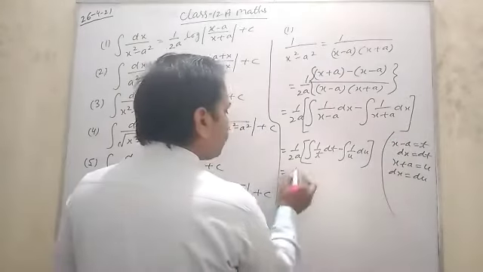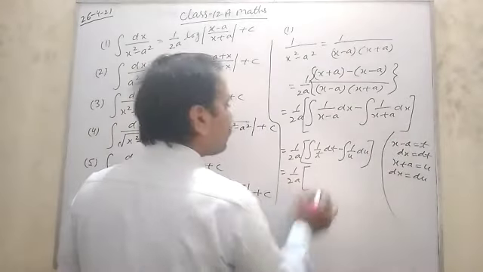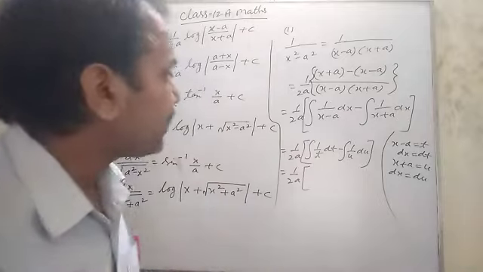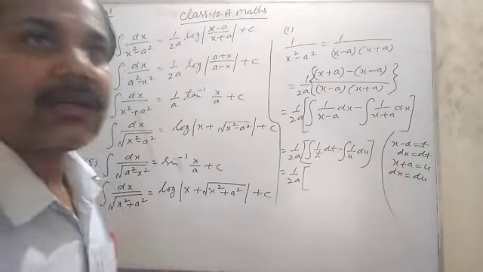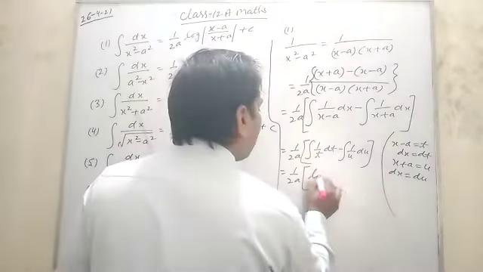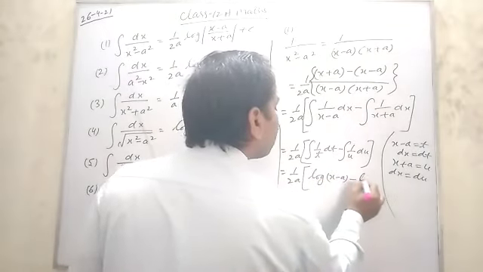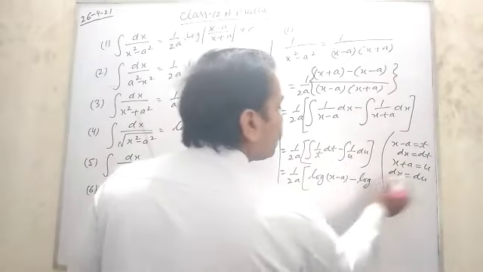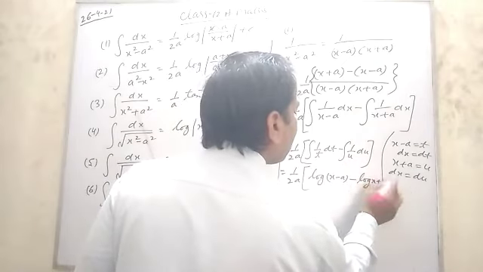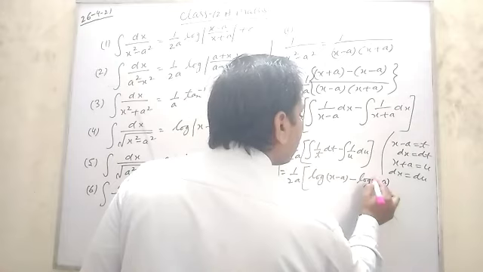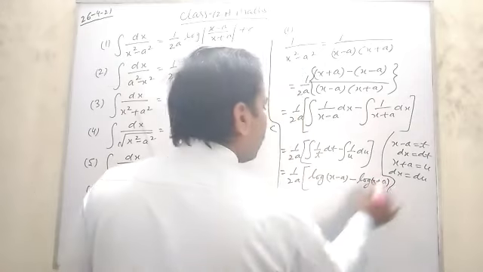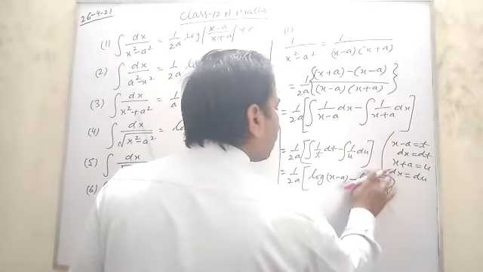So 1 upon 2a, the function whose differentiation is 1 upon t is log t, so log t means log of x minus a, minus log u, so x plus a. Okay, then bracket.